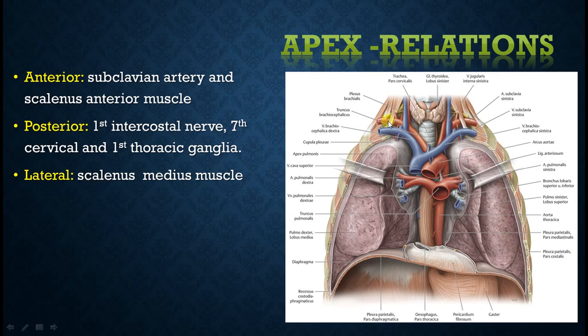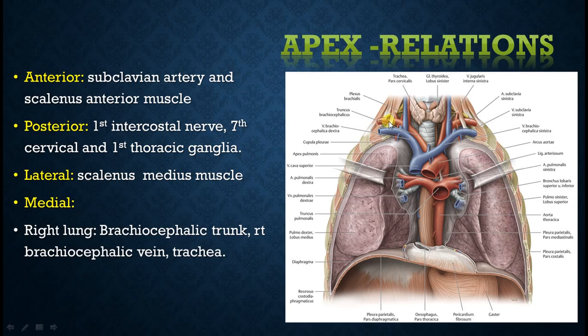Now coming to the anterior relations. The right lung is related to the right brachiocephalic vein, and then the brachiocephalic trunk. Then you have the right edge of the trachea.